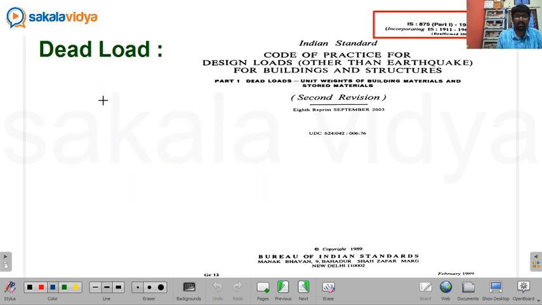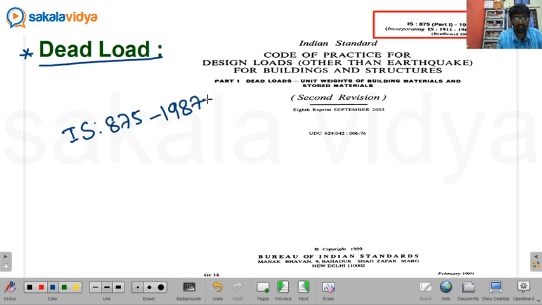In order to design dead load of a structure, we must have a code book, that is IS 875 1987 part 1. If you see clearly here, we're going to follow the specifications given by the Indian Standard Code of Practice for Design Loads other than earthquake for buildings and structures.